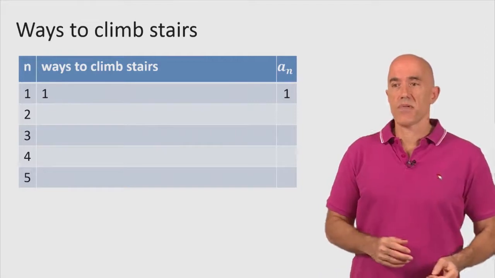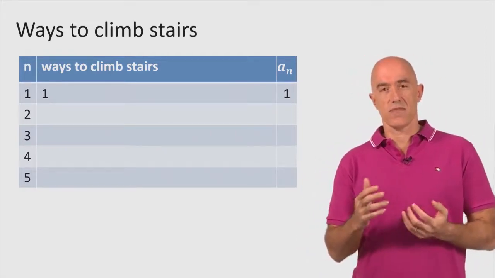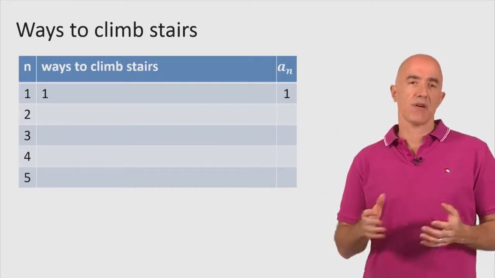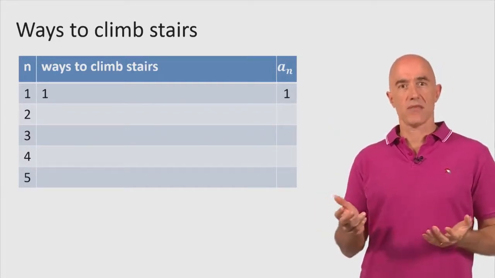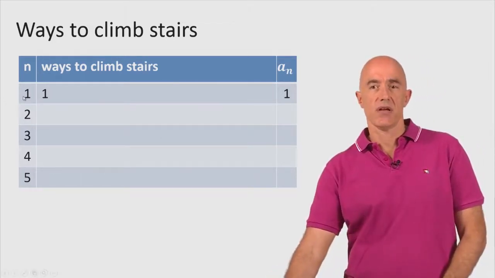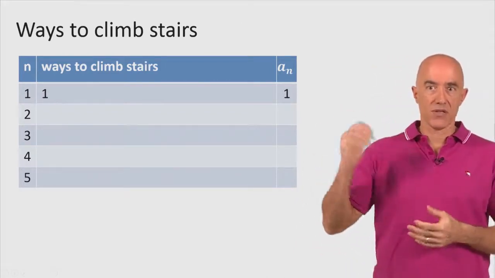To answer this problem, we can make a table. We can consider a small number of stairs, from 1 to 5 stairs, and list the number of ways that we can climb this staircase. If there's only 1 stair, there's only 1 way to climb this staircase, which is to go up by 1 stair.